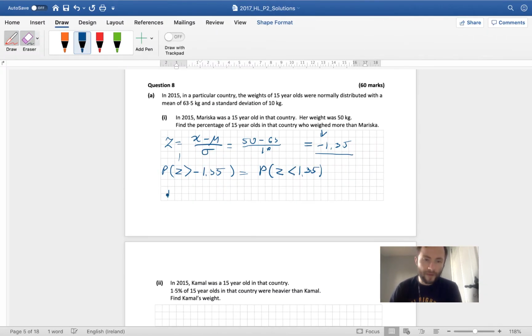So the probability that z will be greater than minus 1.35 is the same as the probability that z is less than 1.35, which is 91.15%.